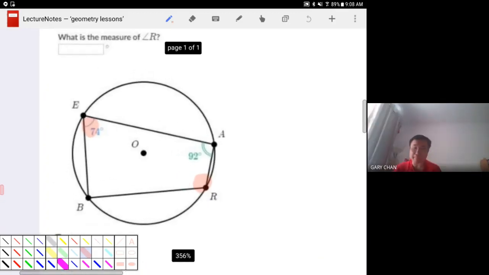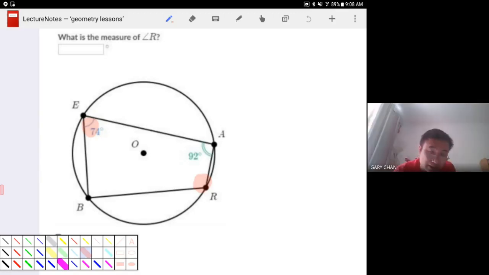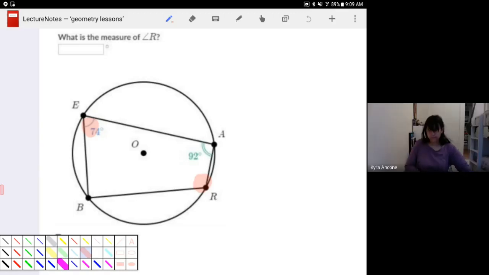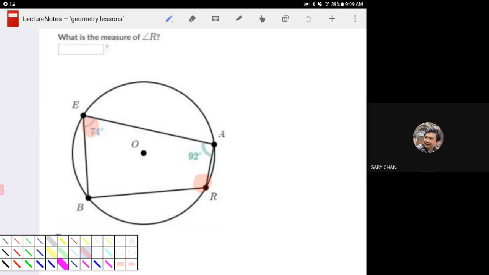Kira already said it, but I need to hear it from another person. They add to 180. Thank you, Chris. The opposite angles of quadrilaterals inscribed in circles are supplementary. So therefore, the 2 add up to 180.